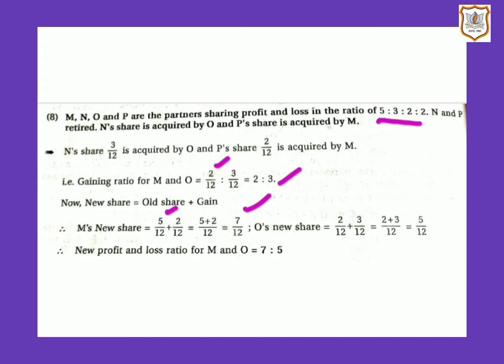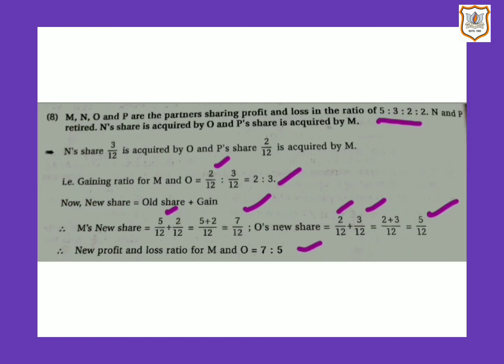Now O's new share is equal to, here O's old share is 2/12 and O's gain share is 3/12. So by adding these two, we will get O's new share, that is 5/12. So in this way, new profit and loss sharing ratio for M and O is equal to 7:5.